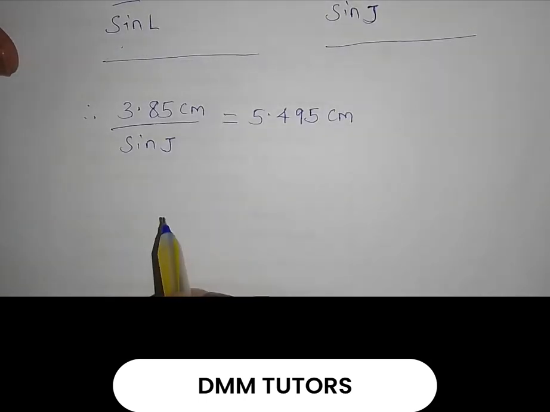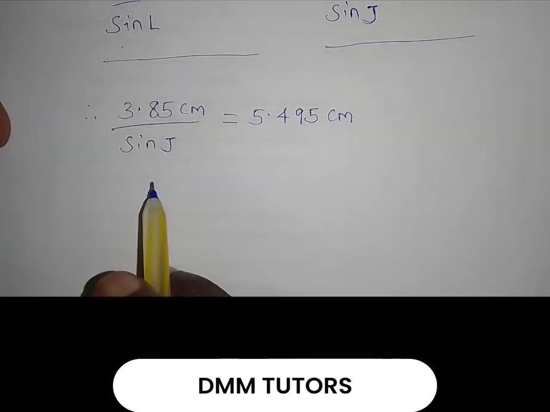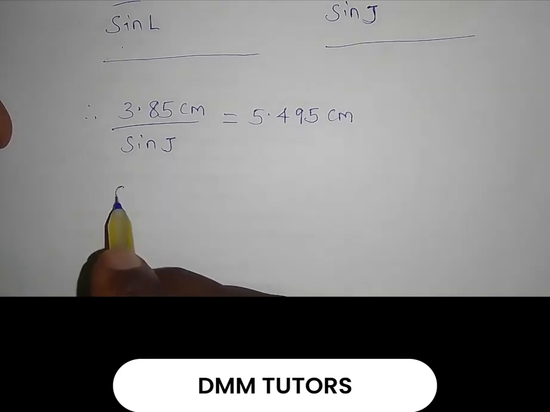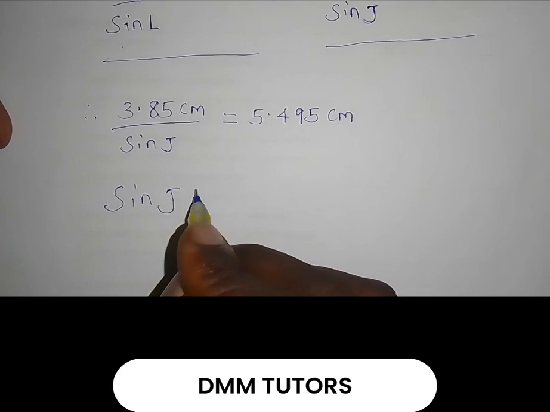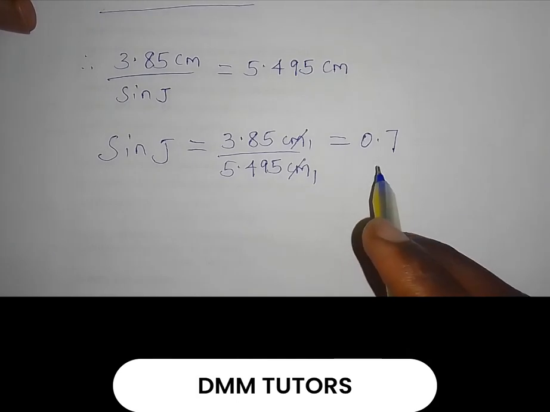So from there we can get the angle J. So we have this equation. So therefore, sine J equals, the unit now will cancel, and you will have 0.7.